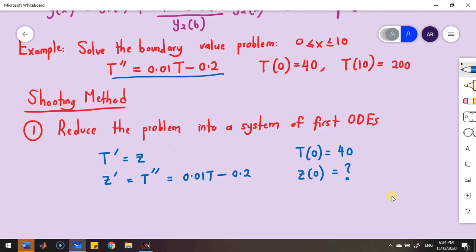We start with some value here, and then we shoot out and see whether it reaches the approximation, until it reaches the desired boundary value at x equals 10, and then we stop the iteration. So we need to assume now.